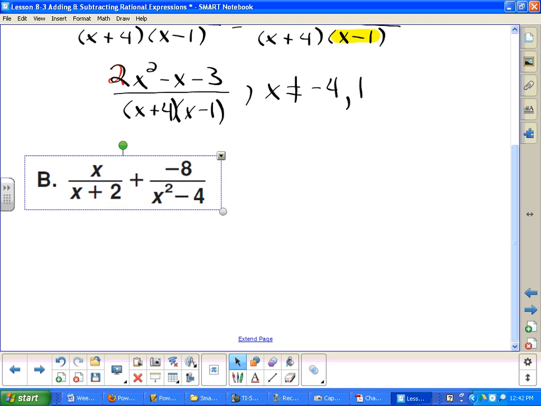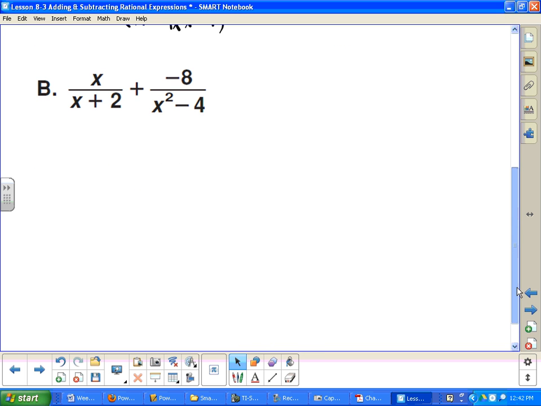Let's do another adding. All right. So can we factor either one of the denominators?